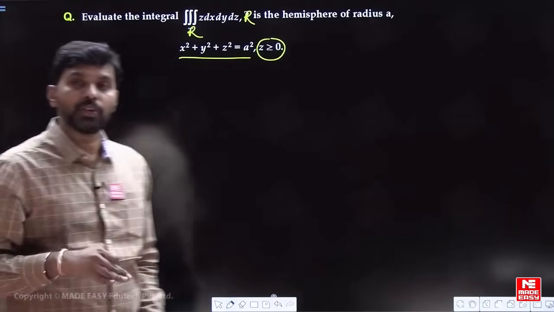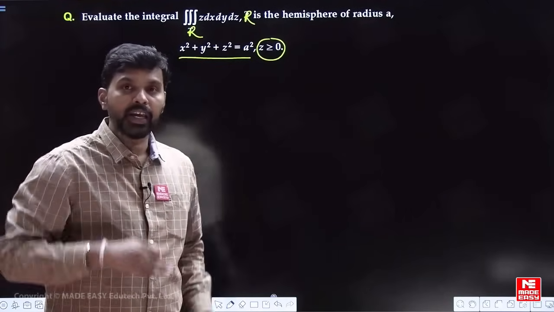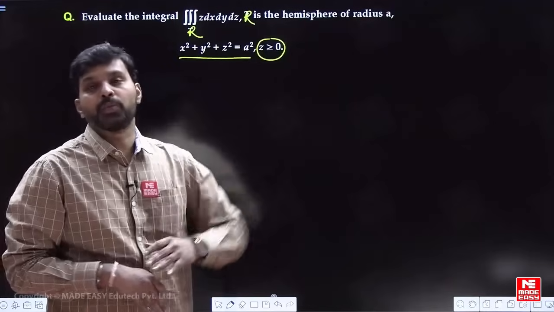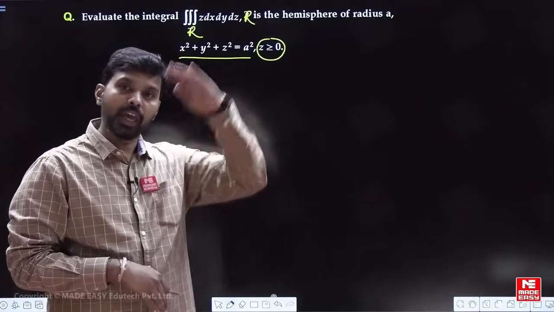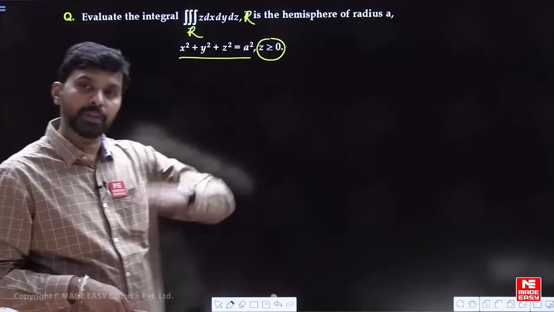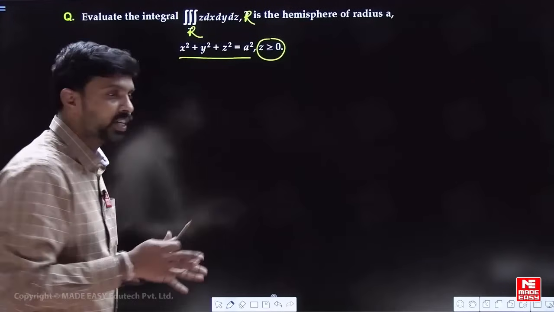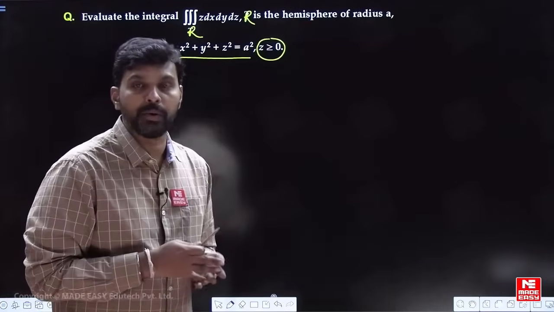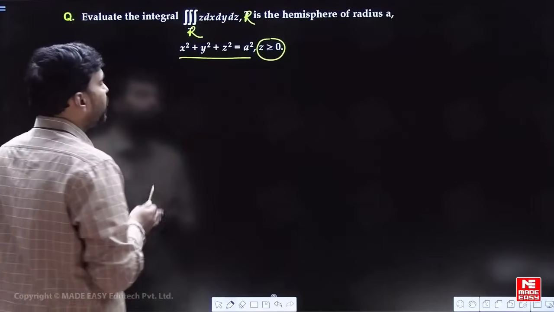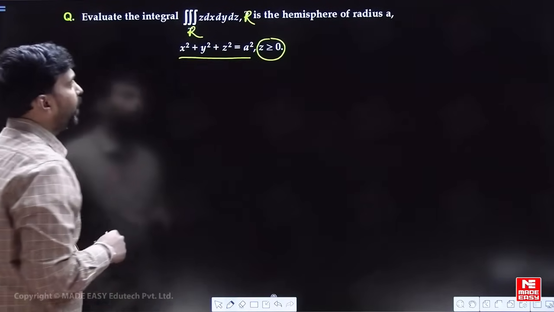Z greater than 0 means very clearly it is above the xy plane, right? It is a hemisphere above the xy plane, where z is taken on the positive side.